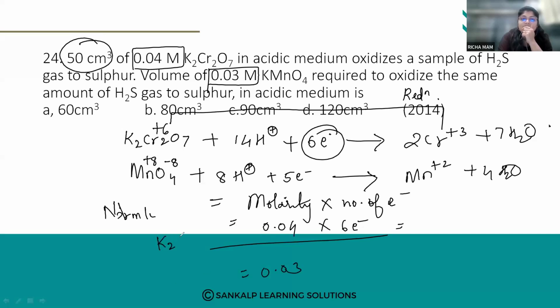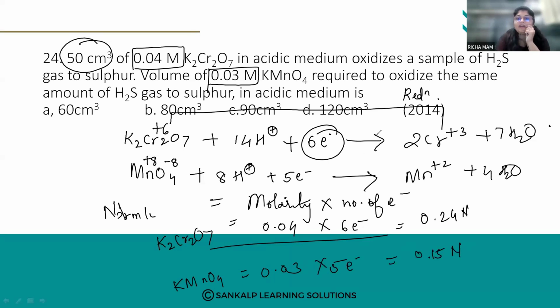This is for K2Cr2O7 and this is for KMnO4. Just see what is the answer. It is 0.24 normal and this is 0.15 normal.